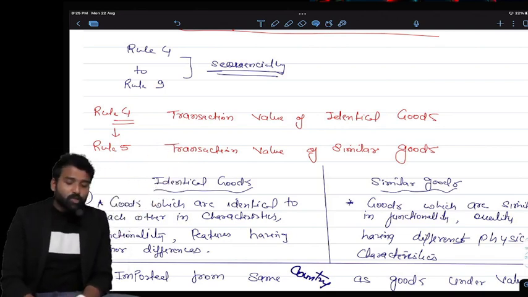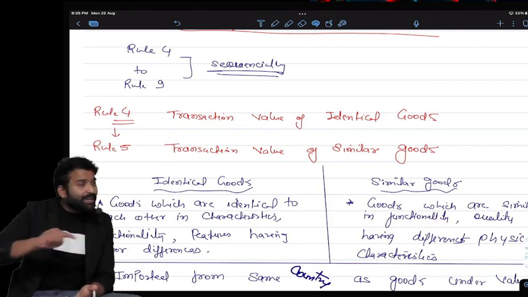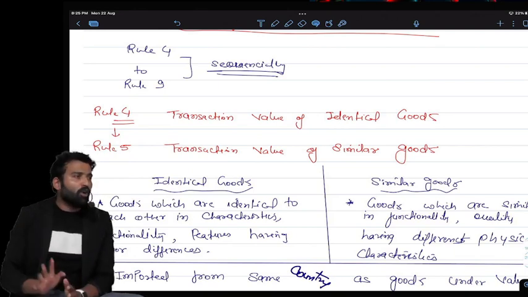So from rule 4 to rule 9, I have to sequentially follow all the rules.